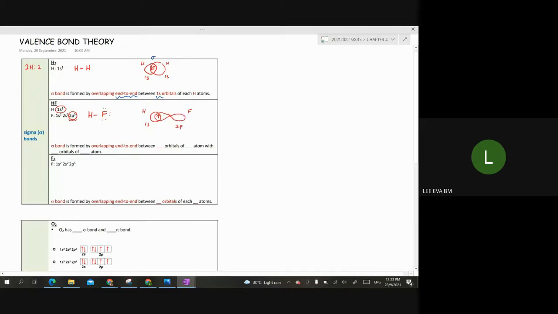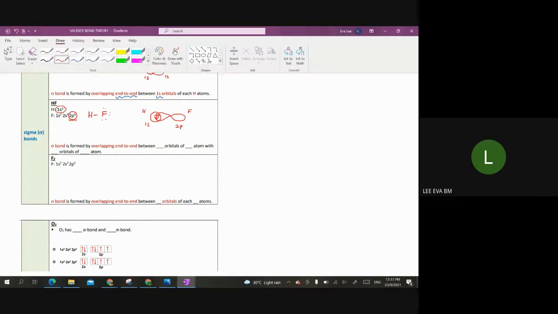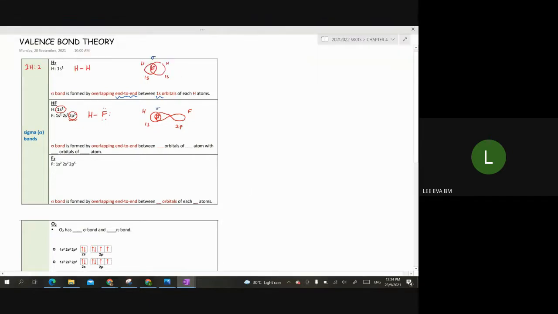For our fluorine there is another electron over here. So over this bond, when you have the overlapping, this is your sigma bond. This is overlapping between s and p orbital. So sigma bond is formed by overlapping end-to-end between 1s orbital of hydrogen with 2p orbital of fluorine.